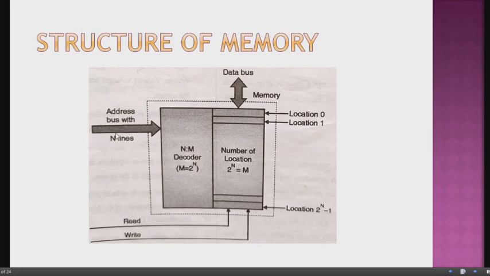If the address bus has n lines, then the memory has a total of 2 raised to n locations, and these locations are represented here. It is location 0, location 1, up to location 2 raised to n minus 1. So, each location has a unique address, and that unique address is provided on this address bus.